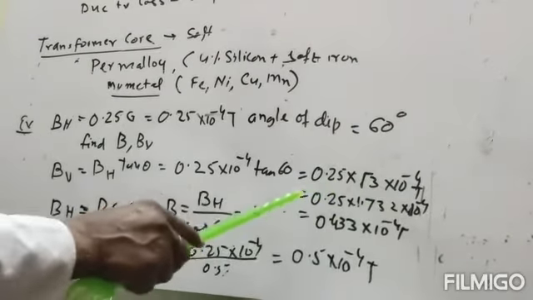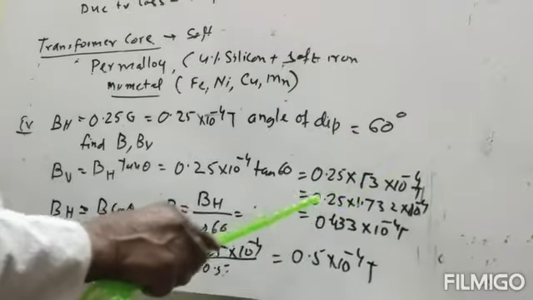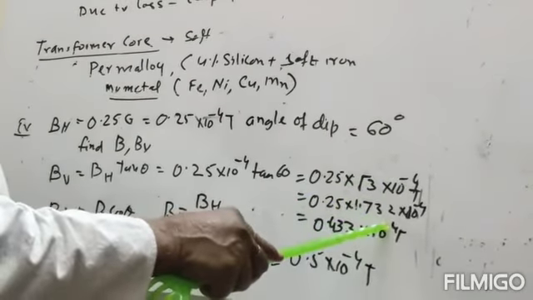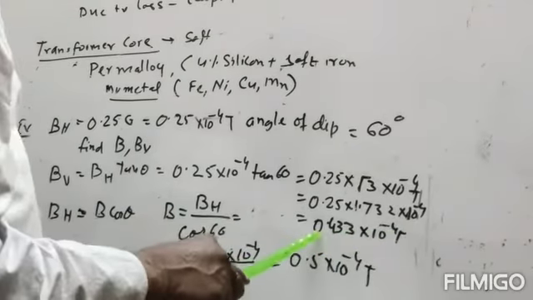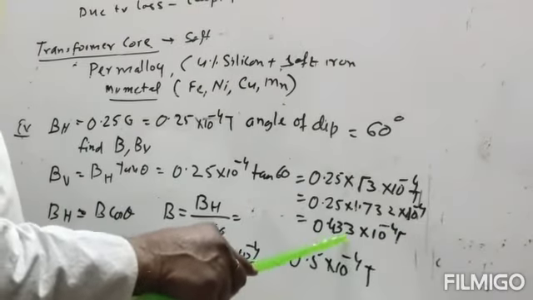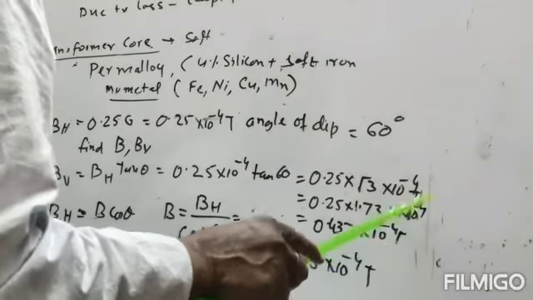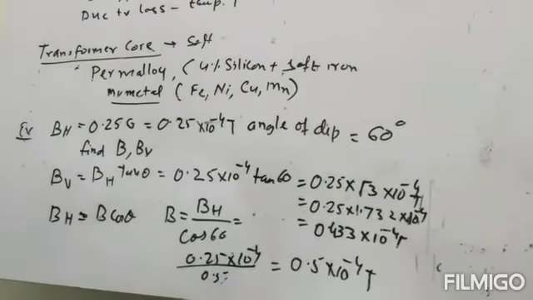We put the value: 0.25 into root 3 into 10 raised to minus 4. Root 3 is 1.732, and if we multiply, it will be equal to 0.433 into 10 raised to minus 4 Tesla. So we can find the vertical component.